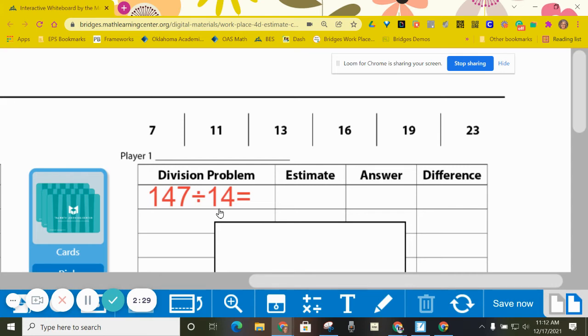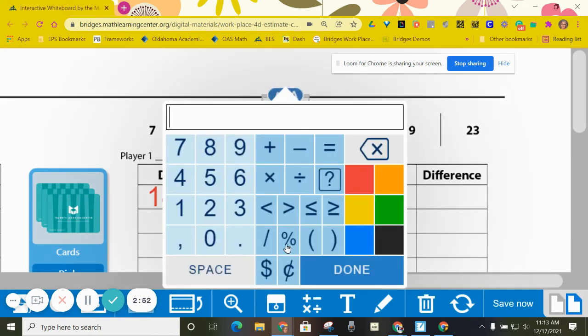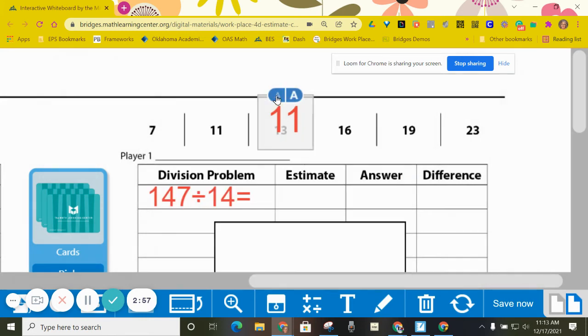So this one is not a bad problem at all, because I already know that if I multiply 14 times 10, I get 140, and that's really close to my dividend here. But I don't have a 10 up here. The closest thing I have to 10 is 11. So I'm going to say my estimate is 11. And I record that there.